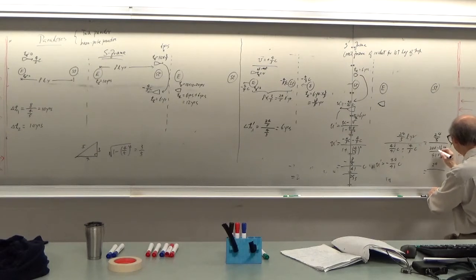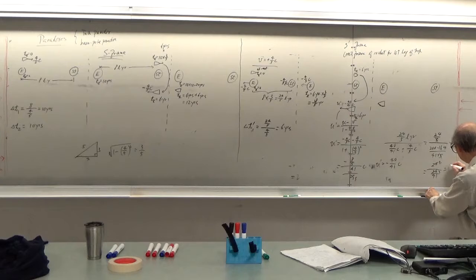And 24 divided by 200 minus this would be 36, 41. So that would be 82 over 3 years.